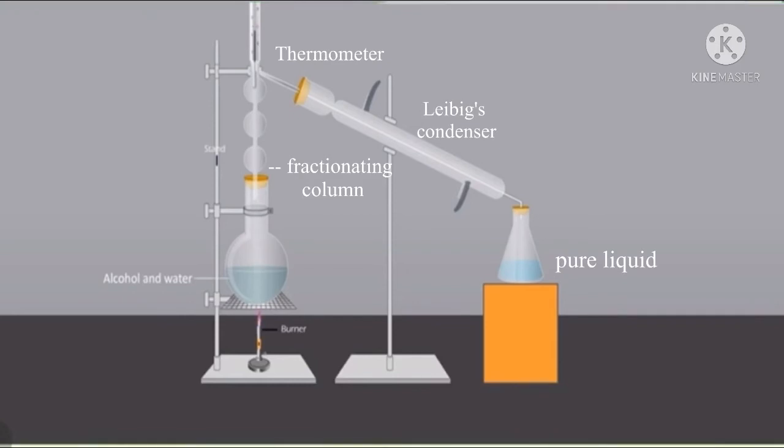The hot vapors transfer their energy to the cool liquid and change it back to vapor. The change of liquid to vapor and vapor back to liquid takes place several times, giving the effect of several distillations. The vapor that finally enters the condenser contains the liquid with the lower boiling point.